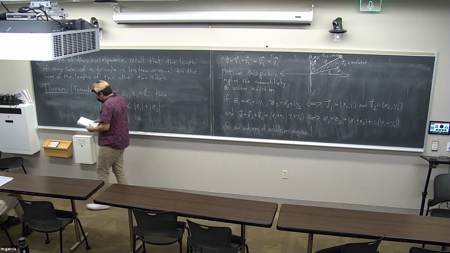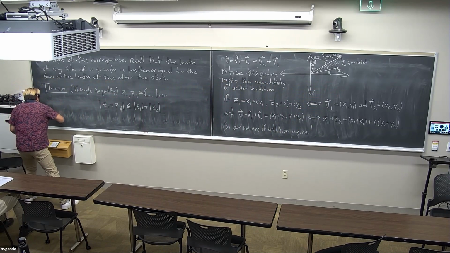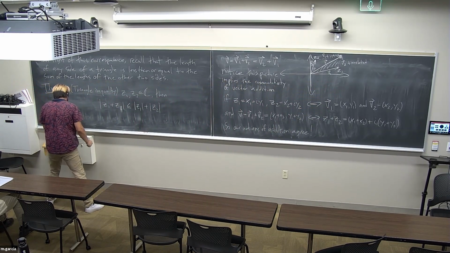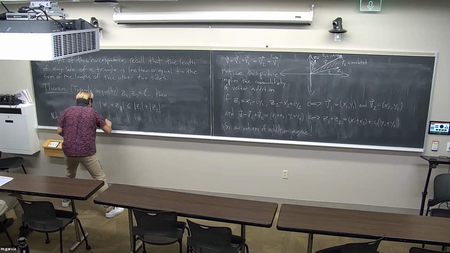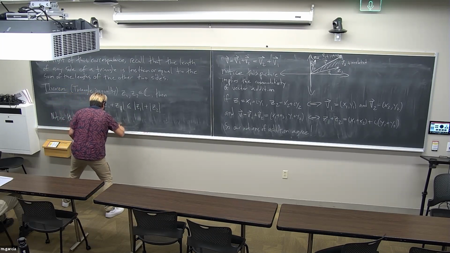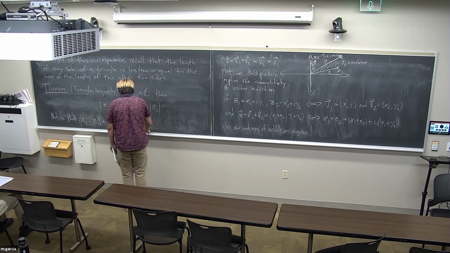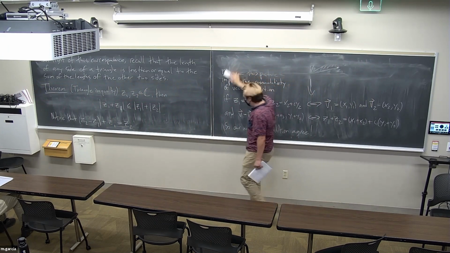So, here's a consequence of this theorem. Notice that the complex number z2 minus z1, plus z1, is equal to z2. That's a trivial statement, right? But what does that tell us? Well, let's apply our theorem to this situation.